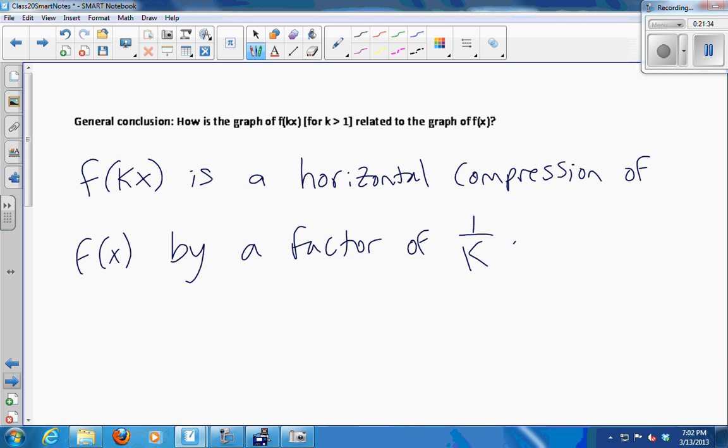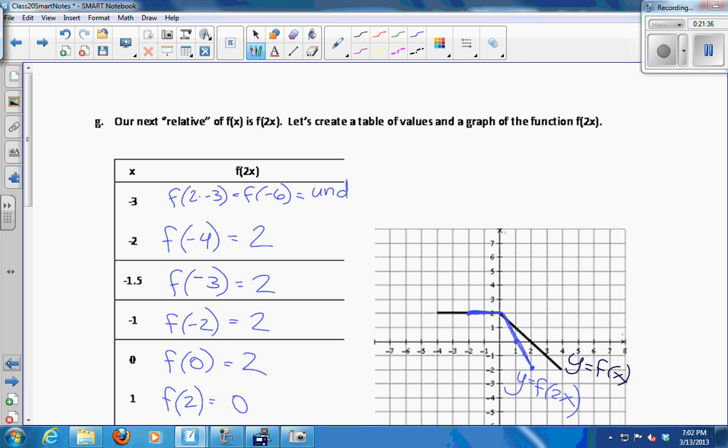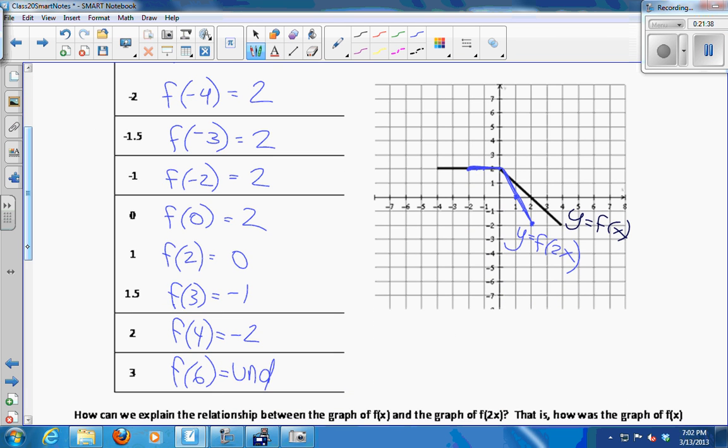And you can see what happens is because the domain got cut in half, right? My domain used to go from -4 to 4. Now it goes from -2 to 2. So my domain shrunk by a factor of 1/2. That's my general compression factor.